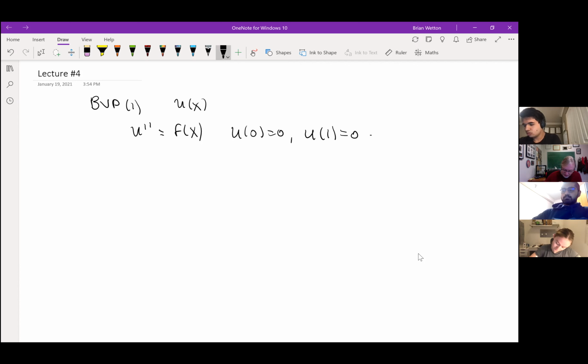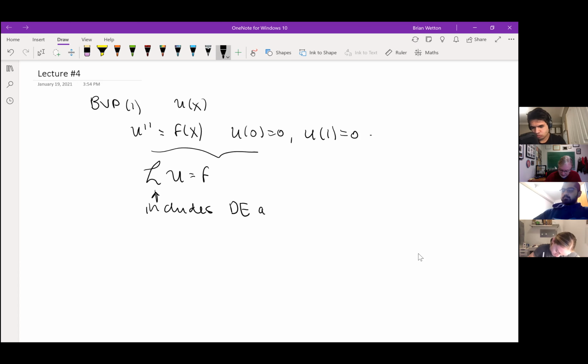And remember, I wrote this whole problem as symbolically L, for linear, times u is f. And when I write this L, this includes the differential equation and the boundary conditions. So DE for differential equations, and BCs, that's boundary conditions.